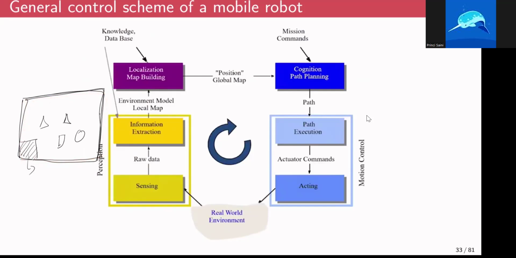I'll call this the robot start position. So it'll localize itself, and once it is self-aware about its own position, then it should also be aware of its final goal position.